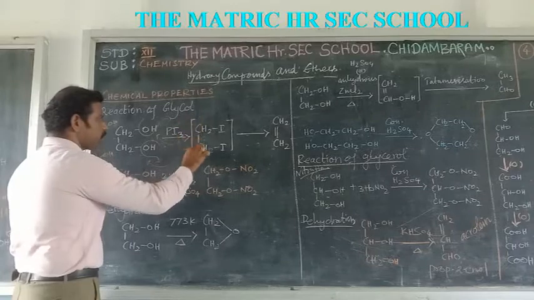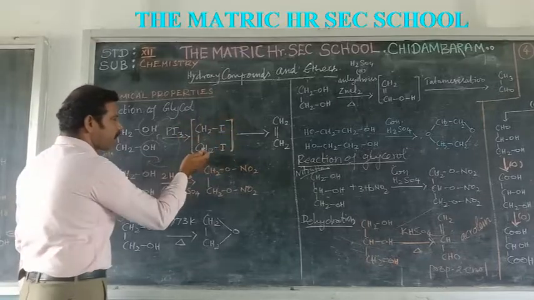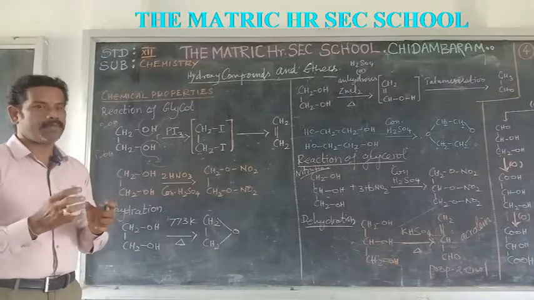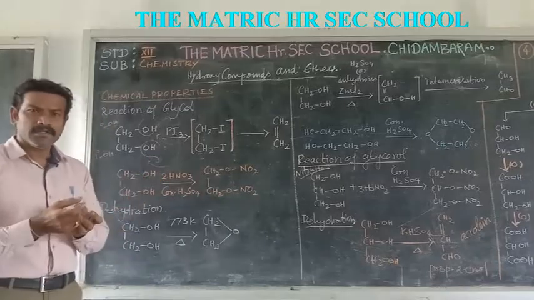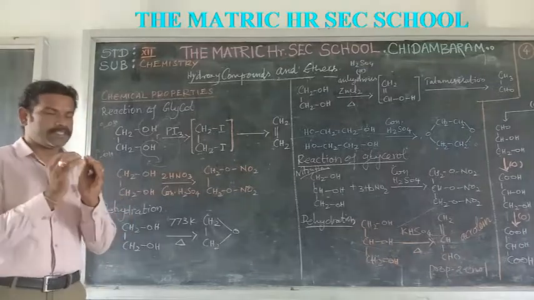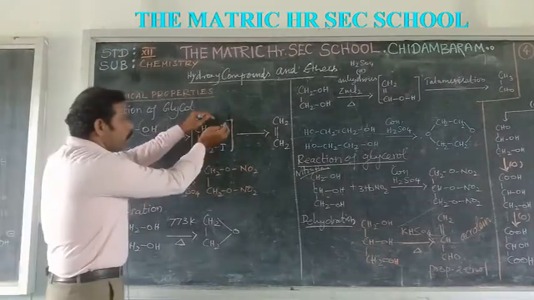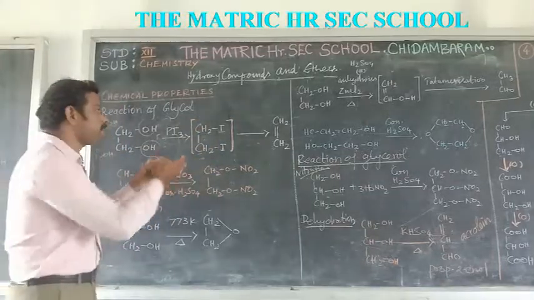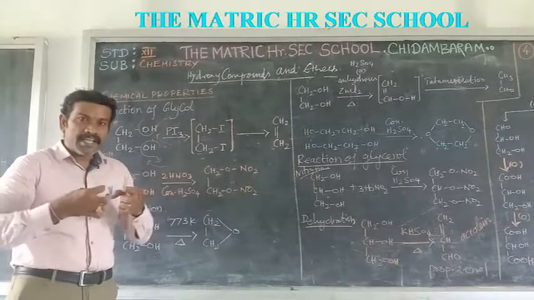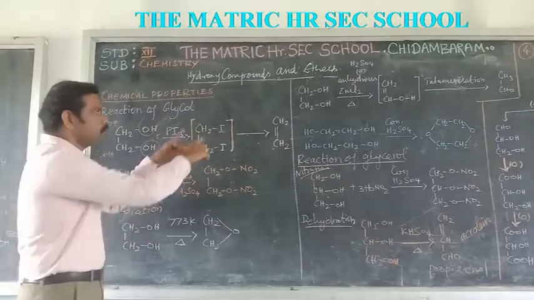This symbol, the square shape, means this compound is unstable. Why? The iodine atom is very bulky compared to carbon and hydrogen, so its atomic size is very big. Two iodine groups are very closely packed on the neighbouring carbon atoms, so steric effect is formed in this compound and it is unstable.